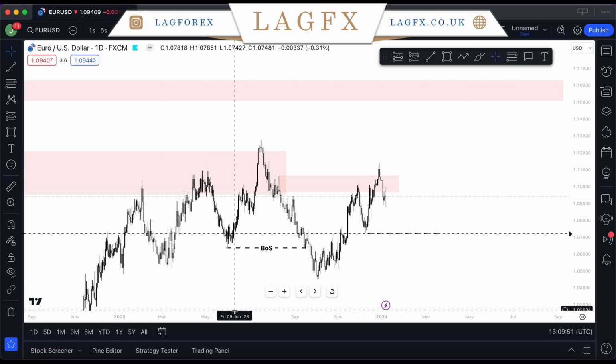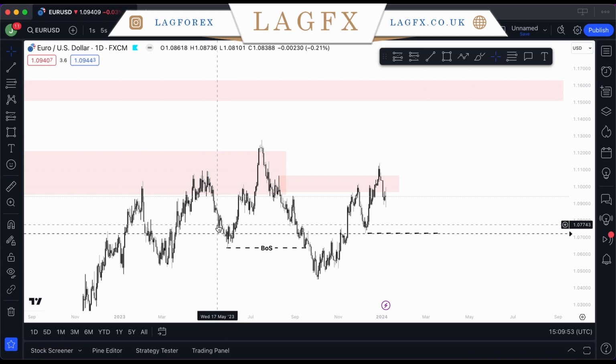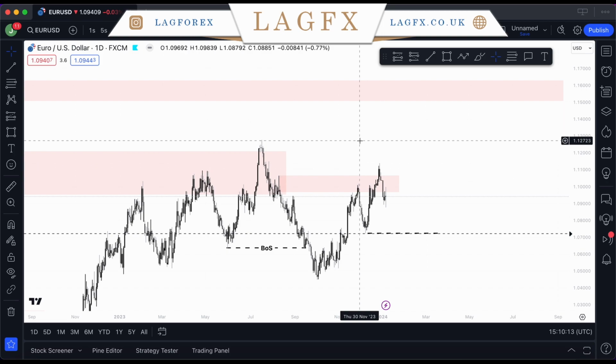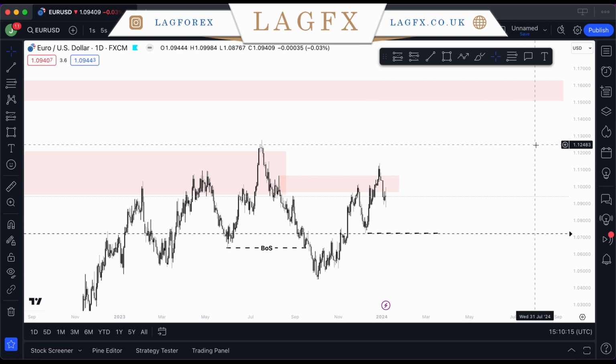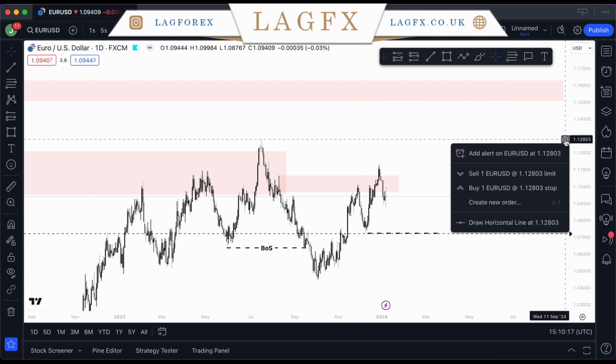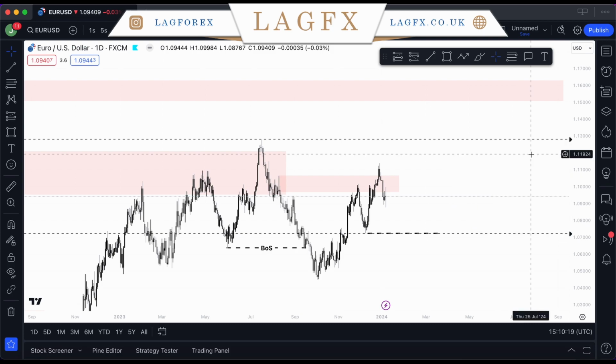After price has come into here, what's relevant is that we've seen a break of structure, which would suggest a change in trend and a reversal lower. So I'm going to be looking for confirmation for some sell entries. I'd have an alert set at the potential break of structure, and I'd also have an alert set up here, because if it raises above this high, it's obviously wanting to move higher.